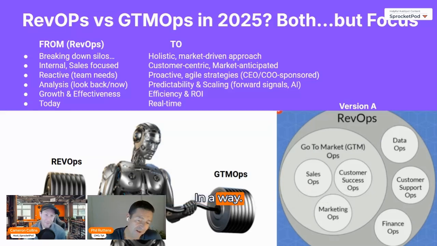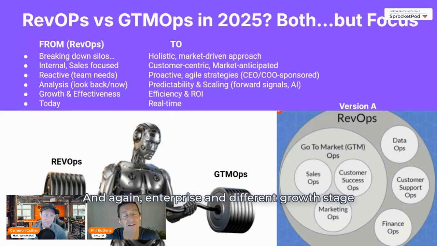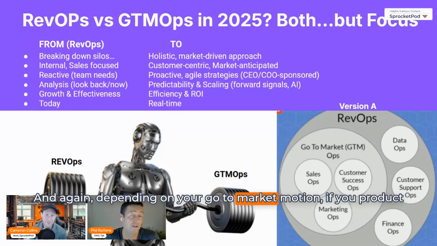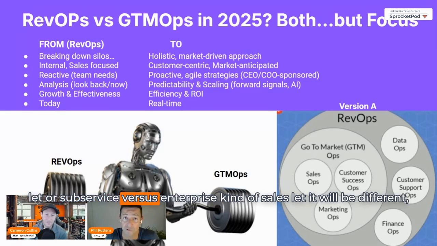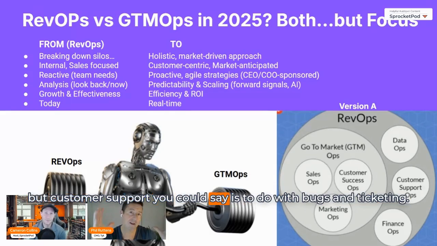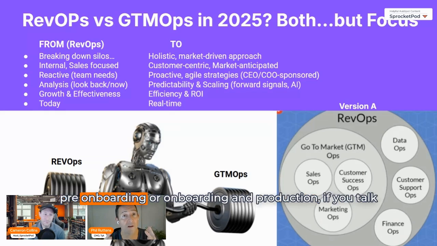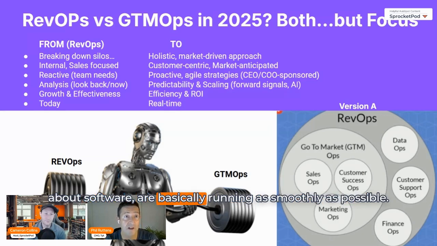Yes, customer support, the way we define it at least, and again, enterprise and different growth stage companies will have different ways of working. And depending on your go-to-market motion, if you're product-led or self-serve versus enterprise sales-led, it would be different. But customer support, you could say, is to do with bugs and ticketing and using Zendesk and the likes in terms of ensuring that pre-onboarding or onboarding and production, if you talk about software, are basically running as smoothly as possible.